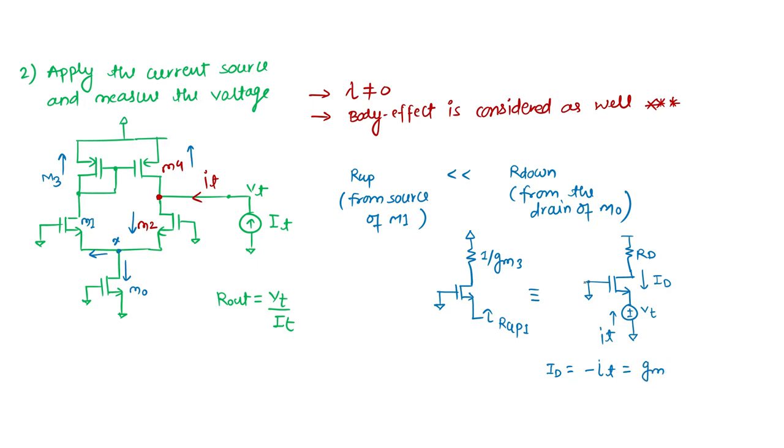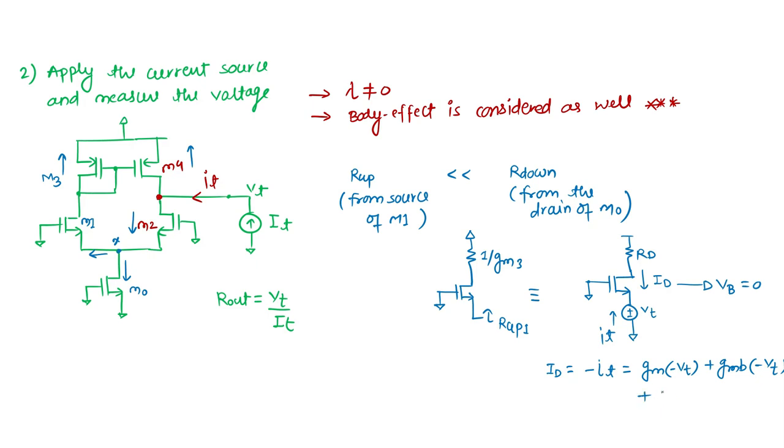Gate is grounded and source is at VT, so it is minus VT. gm VGS plus gmb VBS. Body voltage is also ground, so VBS is body minus source, and source is at VT.